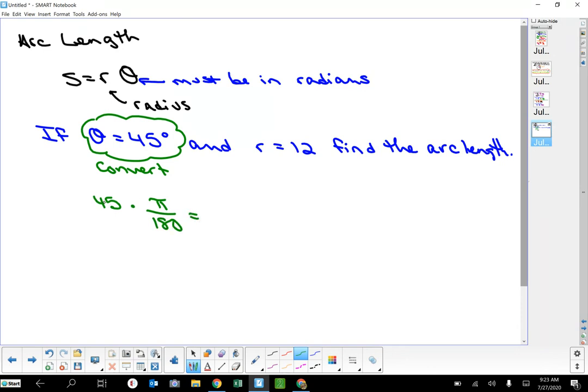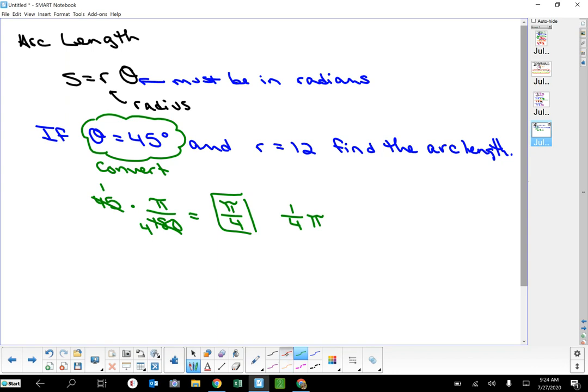I'm just going to plug 45 over 180 into my calculator, and I get 1/4. So this is 1, this is 4, and I get pi over 4. You might also see this written as 1/4 pi. That's weird. This is more common, just so you know.